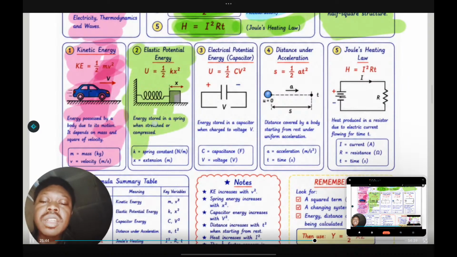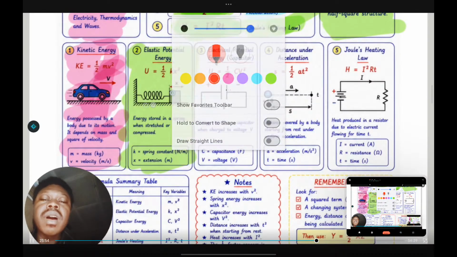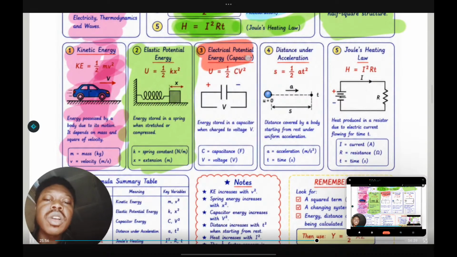Energy stored in a spring or even a string when stretched or compressed gives you this particular structure. And then we have another one here, electrical potential energy in capacitors, U equals half CV squared, and you have your circuit diagram here. Energy stored in a capacitor when charged to a voltage V.